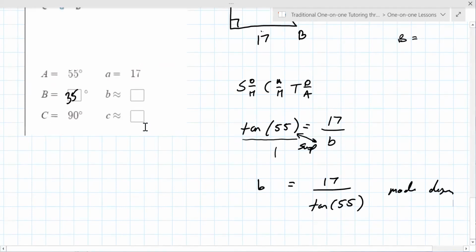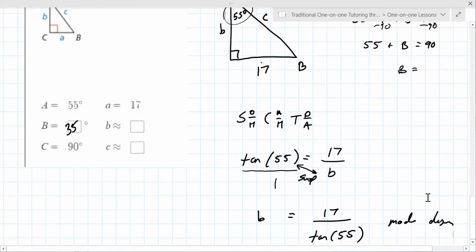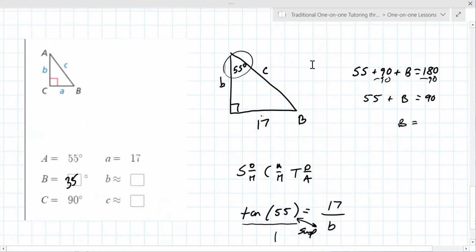Okay, and make sure you round to the correct number of decimal places. Okay, so we got that value. So we're going to find side C next. Let me know when you're ready for that.